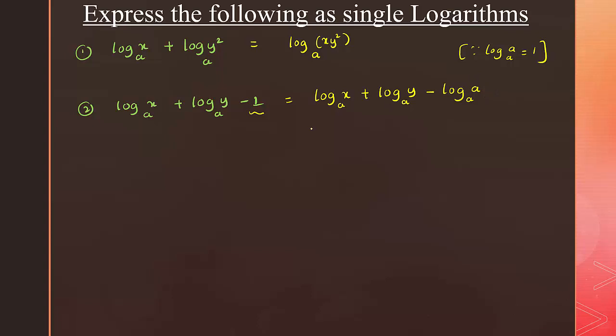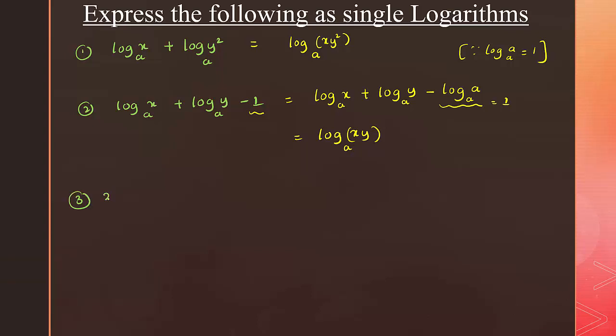So now we can write it as log x to the base a plus log y to the base a, because its value is equal to 1. So we can write directly log xy to the base a. Here I am not going to include log a to the base a because this is equal to 1. Right? Now come to the third problem.